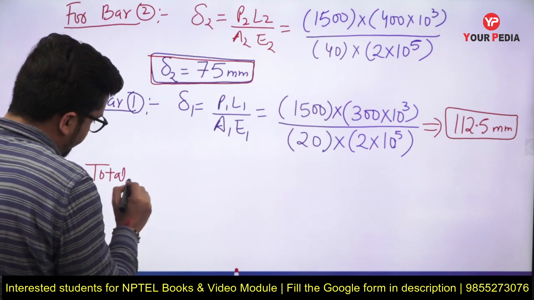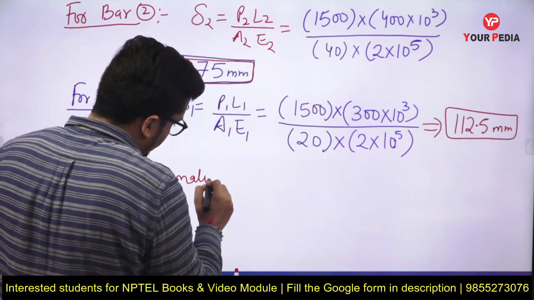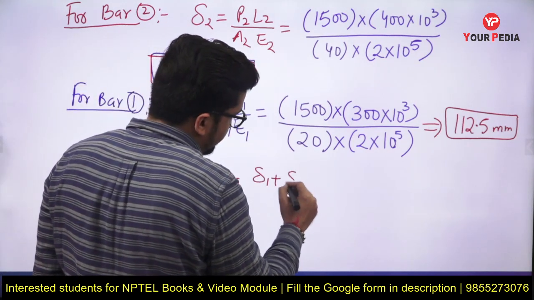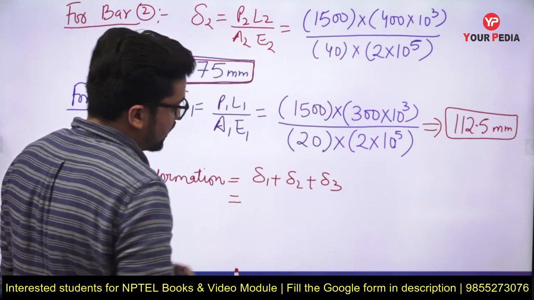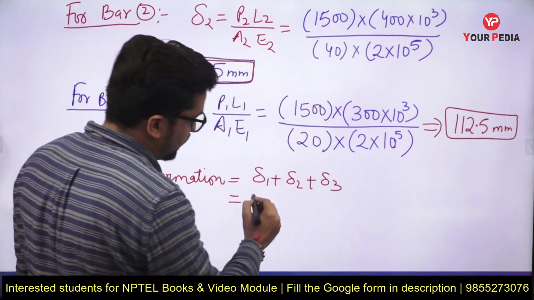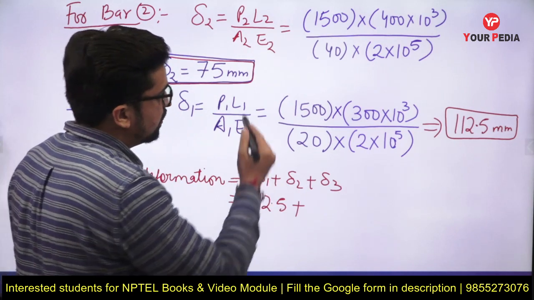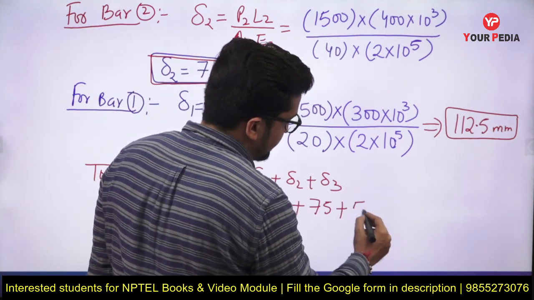So total deformation of this composite bar will be equal to delta 1 plus delta 2 plus delta 3. Delta 1 is coming out as 112.5, plus delta 2 is 75, and delta 3 is coming out as 50.